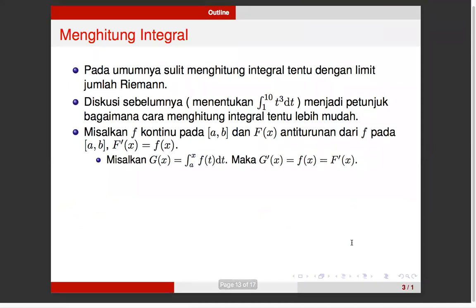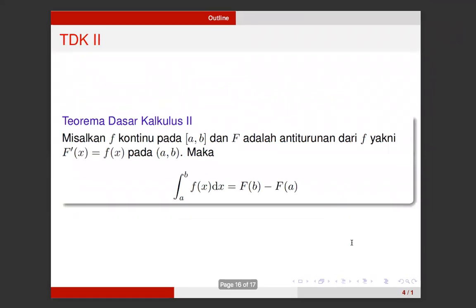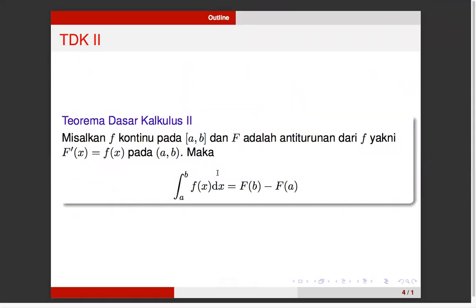Okay, I will go straight to the theorem. Suppose f is a continuous function and big F here is the antiderivative of small f, which is F prime of big F equals small f on the interval [a, b].